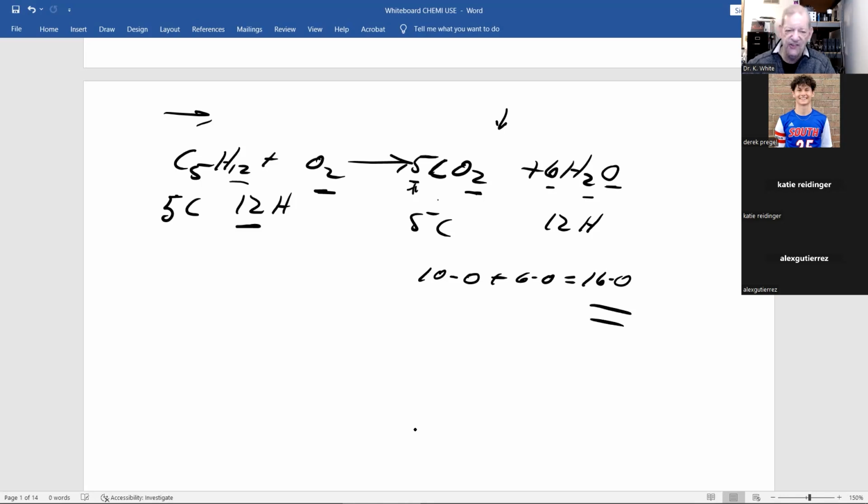Well, I have to have 16 on this side, so 2 goes into 16 8 times, and I'll have that coefficient. 2 times 8 is 16 oxygen, and now I'll check. 5 carbons, 5 carbons, 12 hydrogen, 12 hydrogen, 16 oxygen, 16, yay, it's balanced.